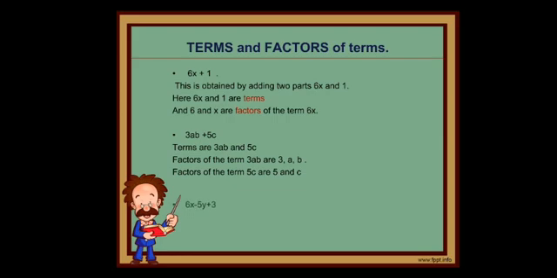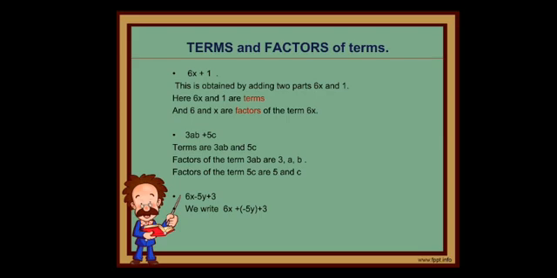We'll consider another algebraic expression, 6x minus 5y plus 3. Okay, this expression can be rewritten as 6x plus of minus 5y plus 3. This is for simplification.